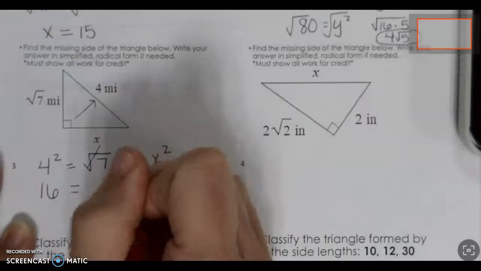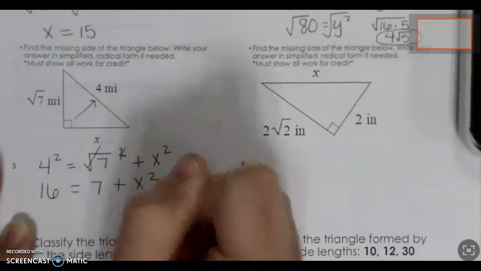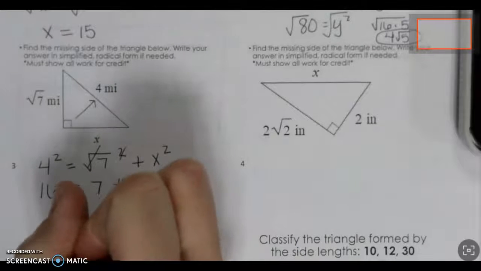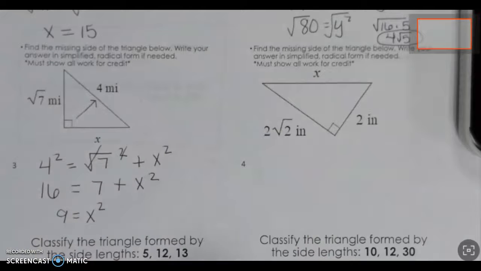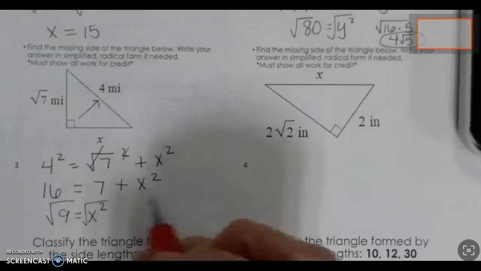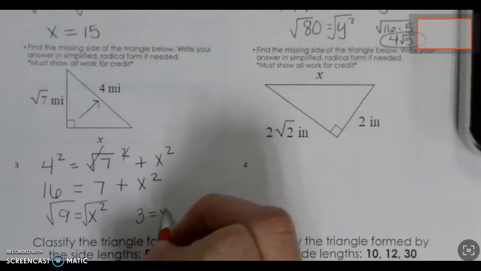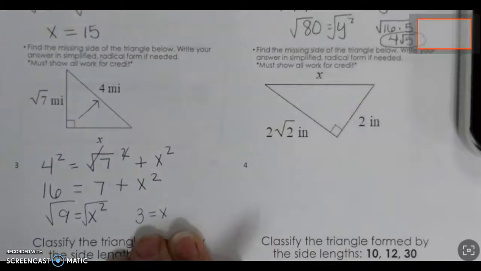Those cancel, and that's just 7 plus x squared. I'll subtract the 7 from both sides. 16 minus 7 is 9, which is lucky us. Comes out to be a nice perfect square number. The square root of 9 is 3. And there's my answer.